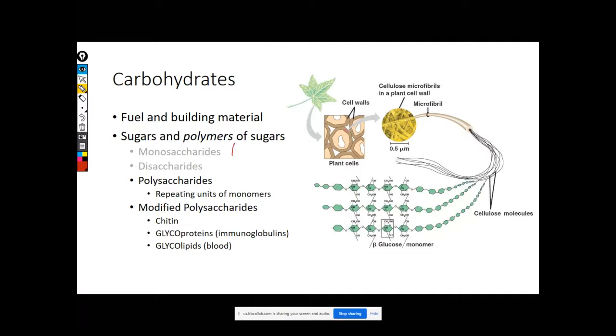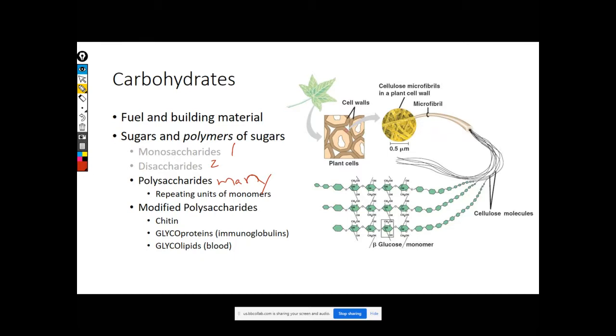So we have 1, 2, many. Now, many most of the time can mean 3, but it often means more than that, right? So this often means hundreds or thousands of sugars in the link.